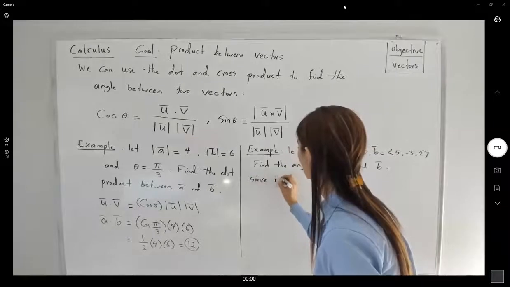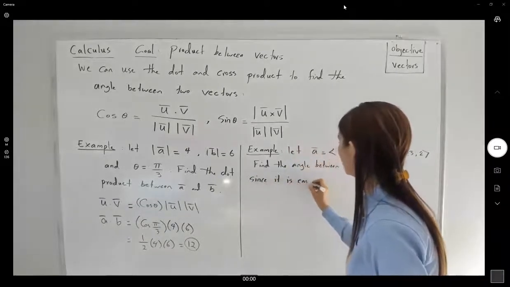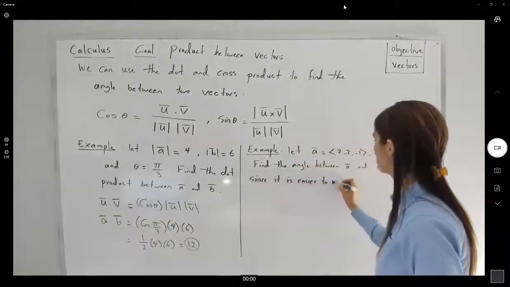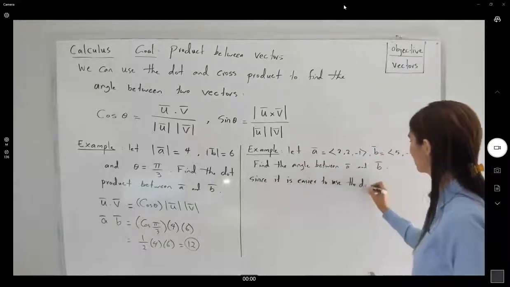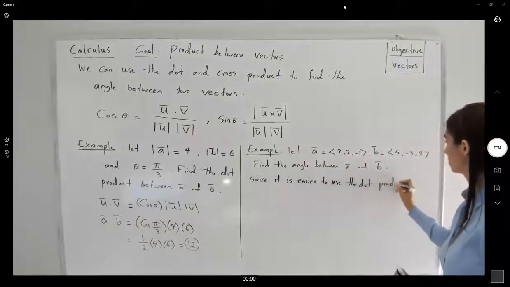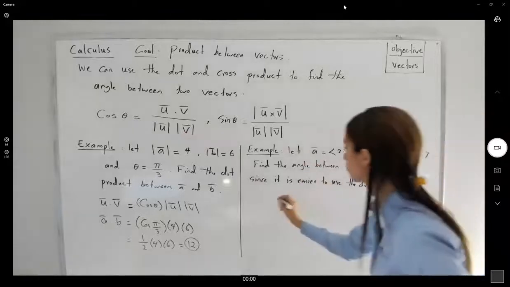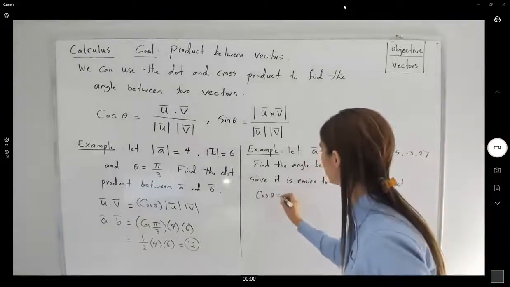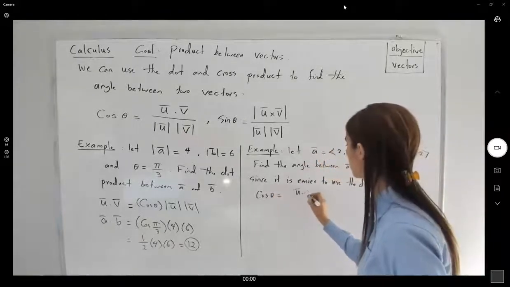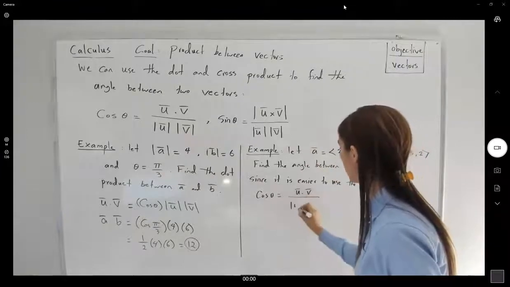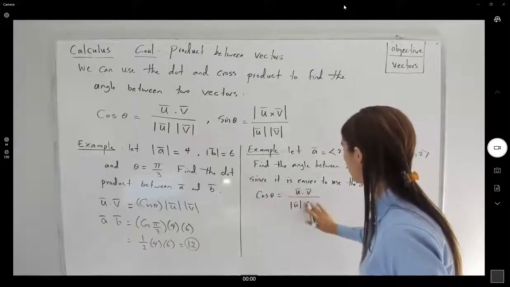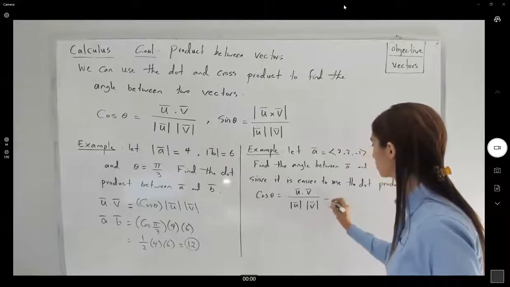We're going to use the formula cosine theta equals u dot v divided by the magnitude of u times the magnitude of v.